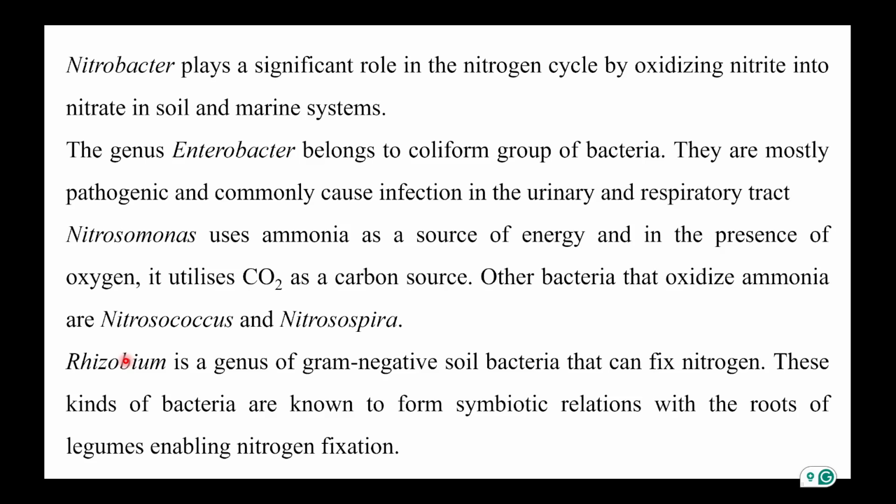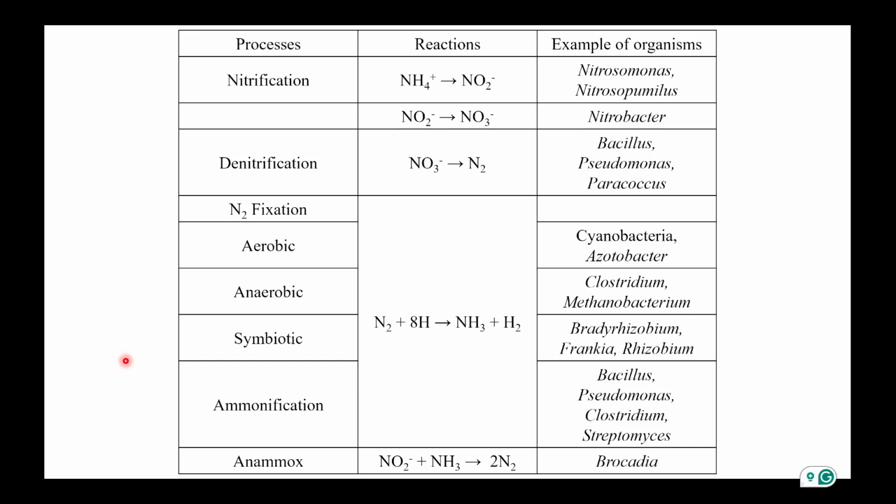They are also taking benefit from the plant by using the carbohydrate sources from the plant, and they are fixing the nitrogen, and the plant is using the product of the nitrogen fixation. So both of them are getting benefited from each other. So it's a symbiotic relationship.